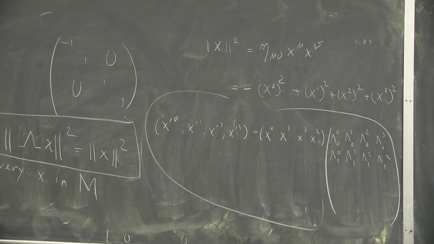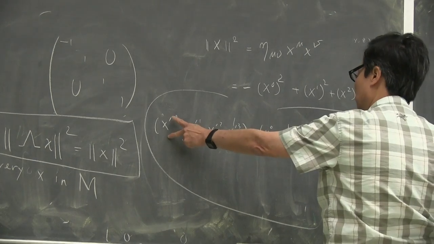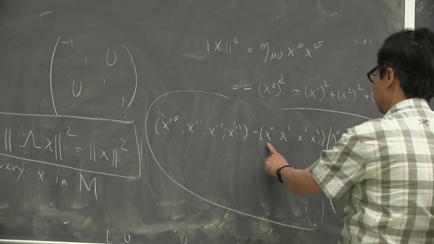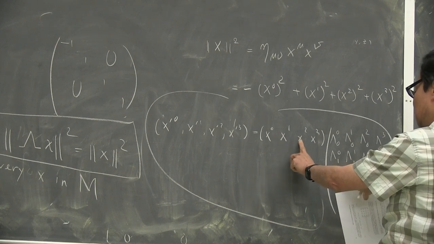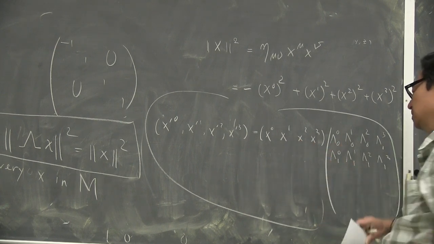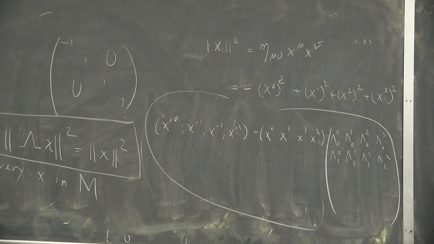Verify that. So x prime 0, for example, is x0 times lambda 0 0, x1 times lambda 1 0, x2 times lambda 2 0, x3 times lambda 3 0, and so on, and similarly for the other components. The rule is that this mu is a free index here.